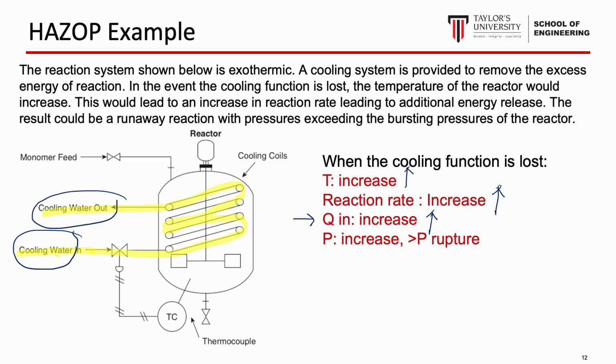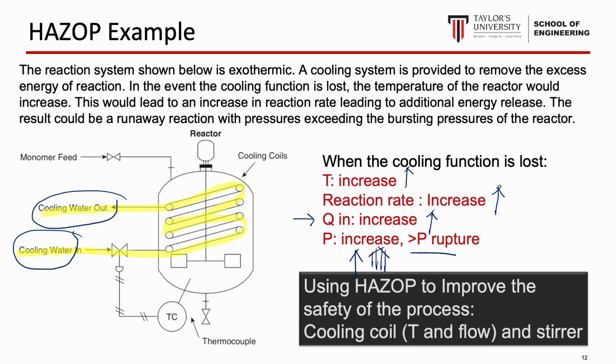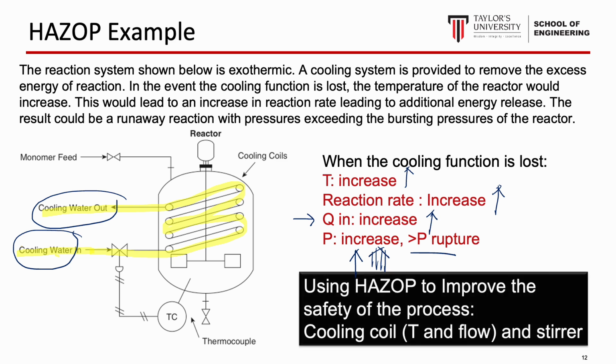Then with all this increase, you have your pressure increase. And if, let's say, this continues to go up, you might have a ruptured vessel. So now we ask you to use HAZOP to improve the safety of the process.